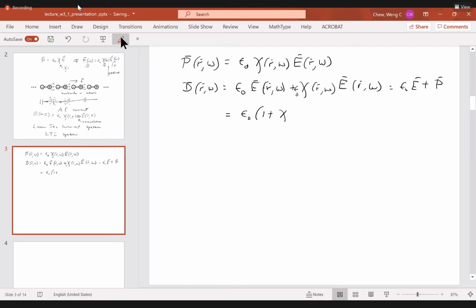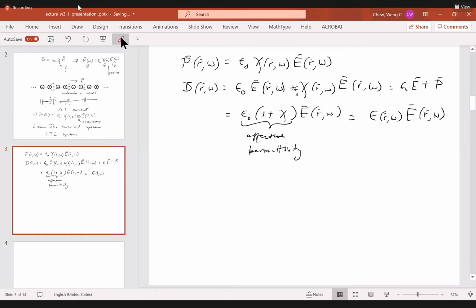Let me not write the details out in full. I can call this my effective permittivity. And this hence can be written as something like epsilon, which could be a function of r and omega, times E of r and omega.